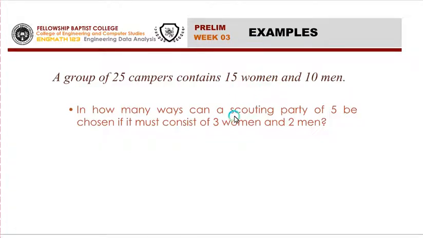So, that means there is no specific arrangement. But we have to choose for the women category. Since we have no specific arrangement, that means we have C15,3. Next, the 2 men we will consider can be chosen from the 10 possible men options in a specific group.